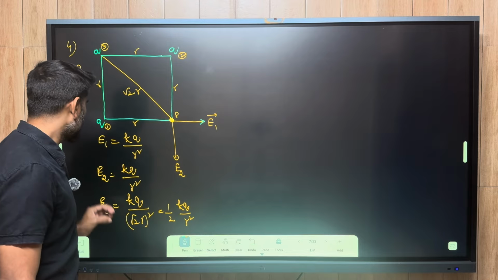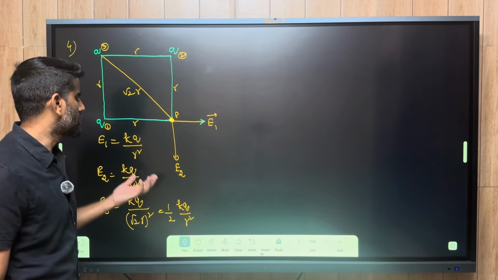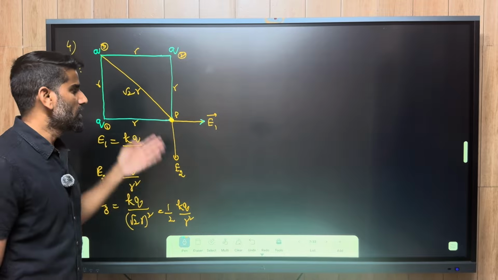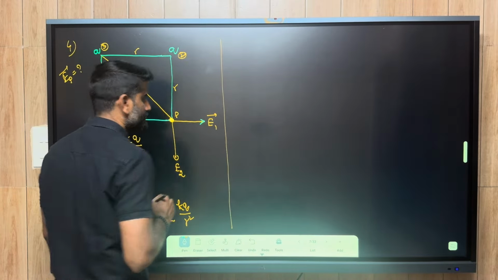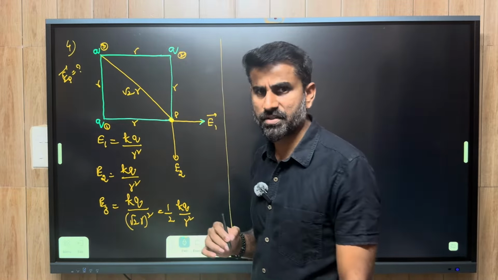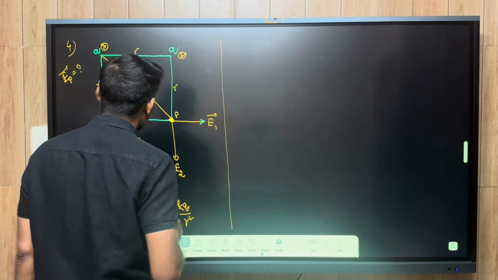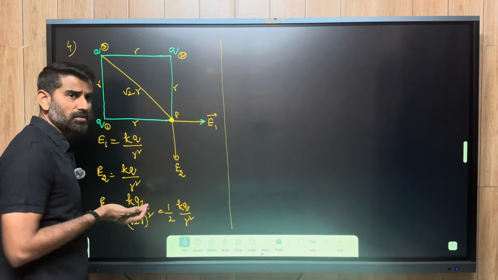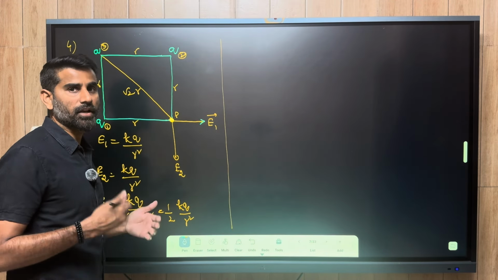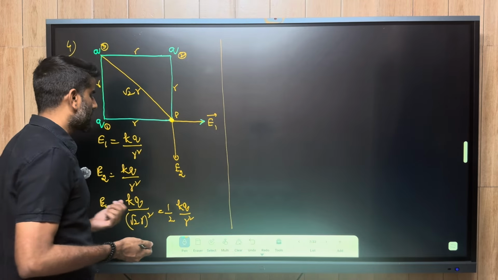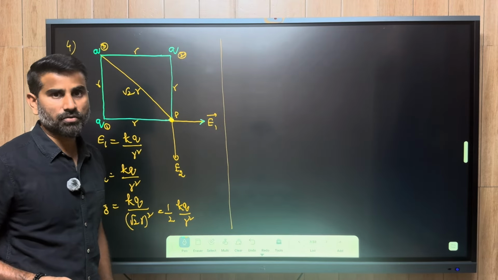Now I want to add these electric fields in vector form, or I can find the resultant of these two and then add them. First I was going to use the vector representation, but let's use the regular method, it would be easier. In the earlier case we added the electric fields in vector representation, but in this case let's use the parallelogram law of vectors.